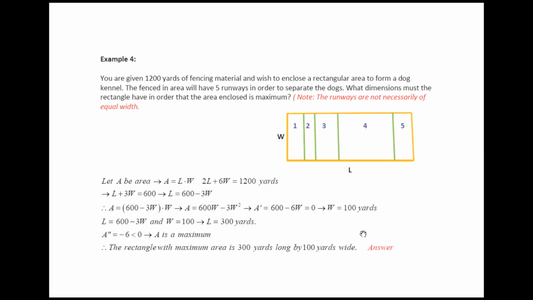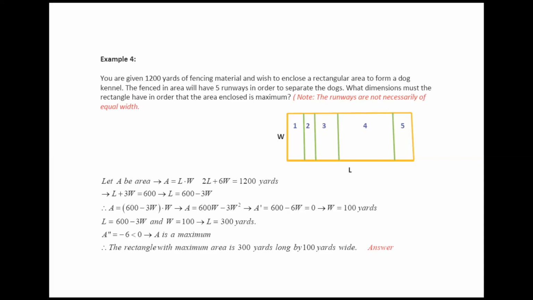Now, these feel like 3 good problems. They are not really high-level problems. They certainly are harder, more thinking than in the first problem, first example. But they're designed to give you a level of comfort in working problems.